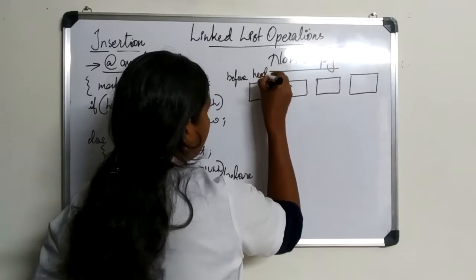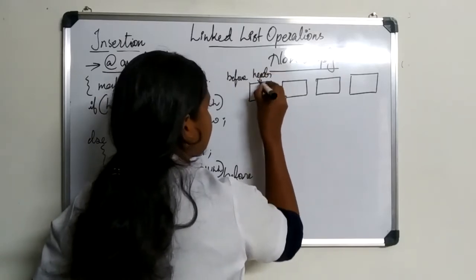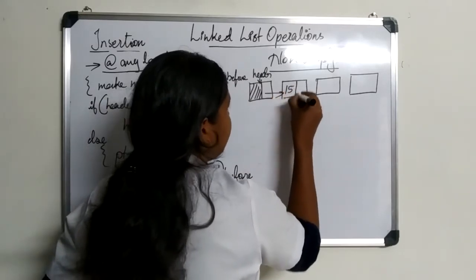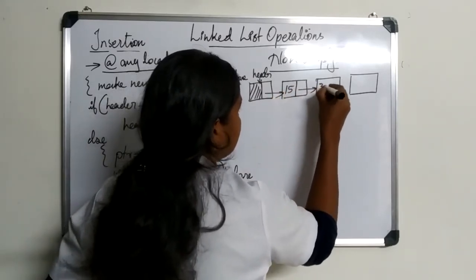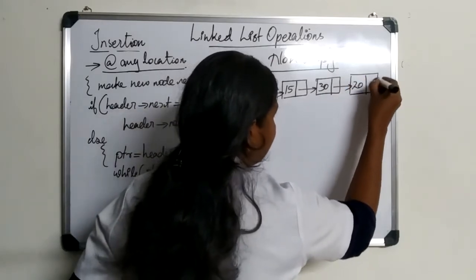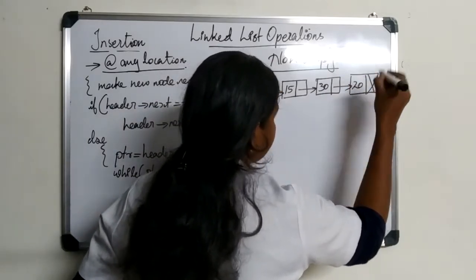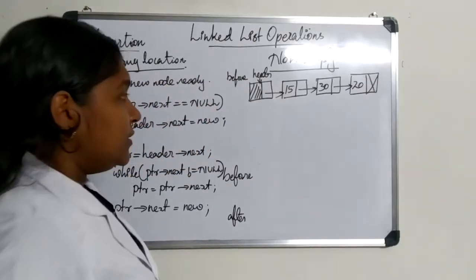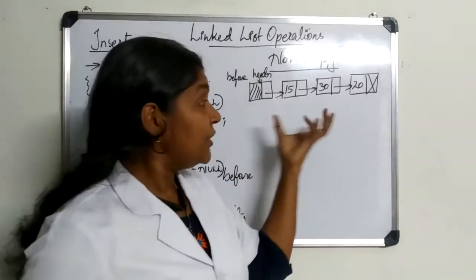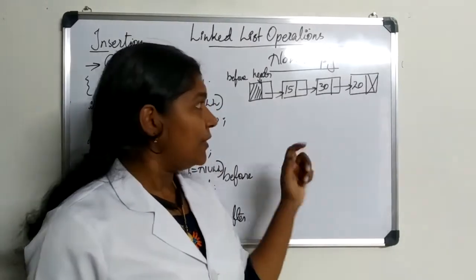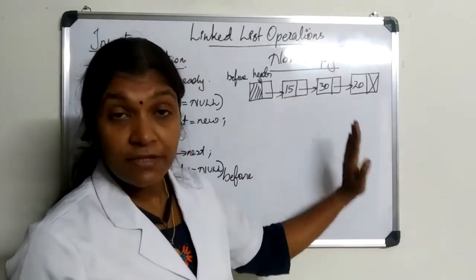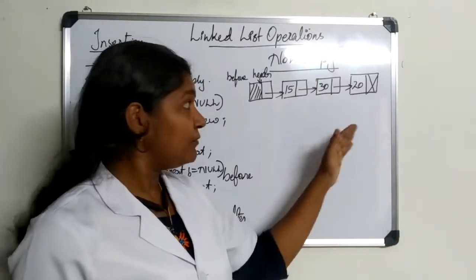Header, say start from 15, then next 30, then next 20. Fine. So here what we want is, along with getting a new value for the new node, we also need to get a key value also: after which node we need to perform the insertion, or before which node.